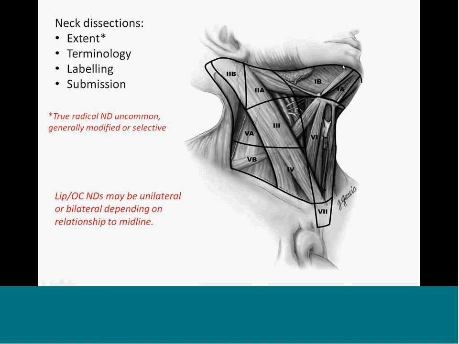For the oral cavity or lip, we may get a supraomohyoid neck dissection, levels 1, 2, and 3, or sometimes levels 1, 2, 3, and 4. The neck dissections for oral cavity and lip cancers can be either unilateral or bilateral, just depending on the relationship of the tumor to midline.